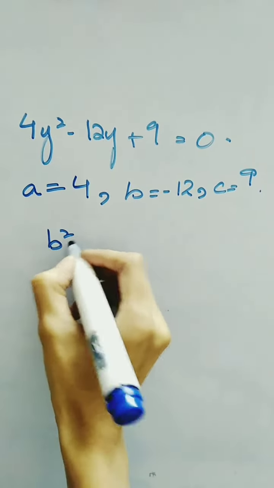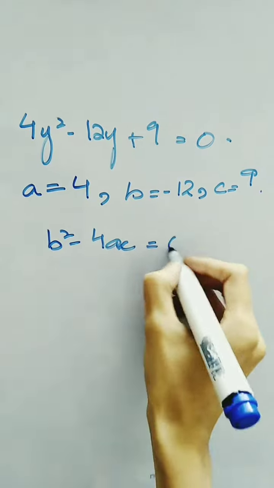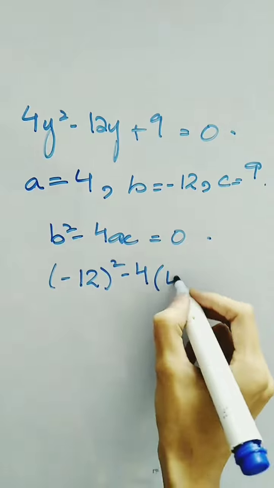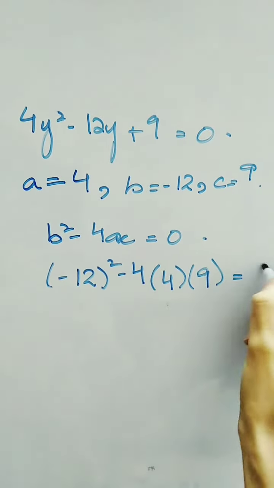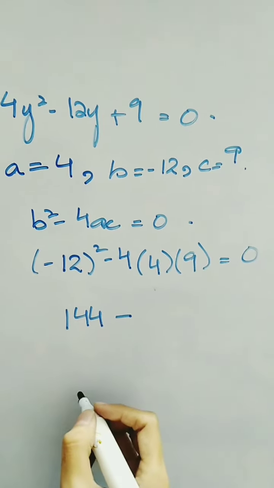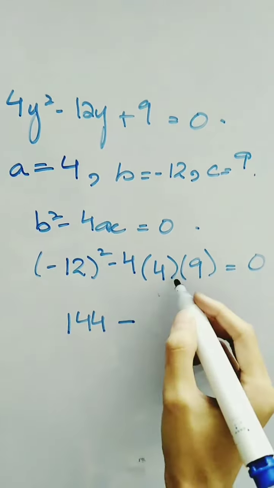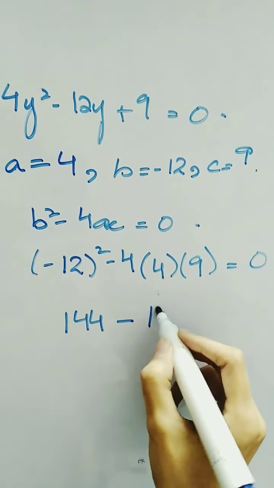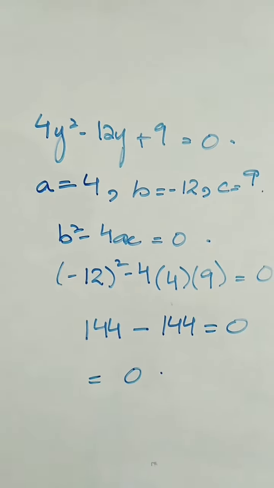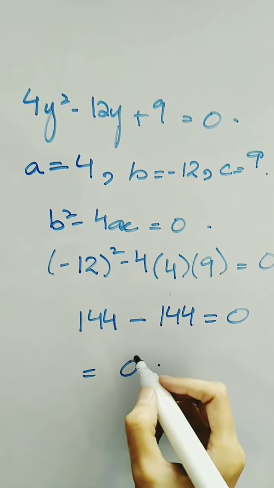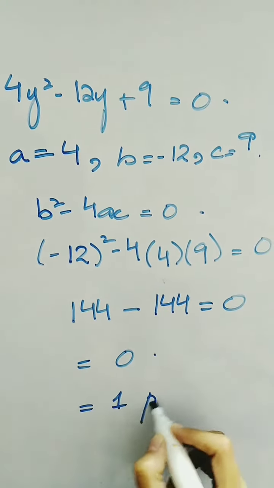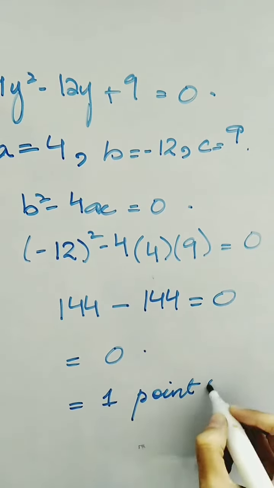Now putting it into the discriminant, we have b square minus 4ac, b is minus 12 square minus 4, a is 4 and c is 9. So we have 144, and again we have 4 into 16 and 16 into 9 is 144. So it becomes 0. And as we know that for the value of b square minus 4ac equal to 0, we will have 1 point of intersection.